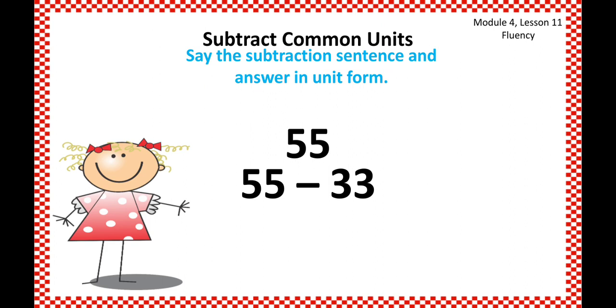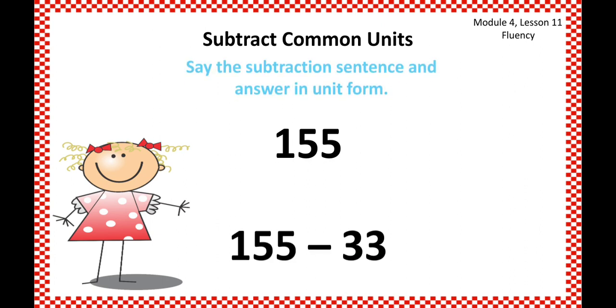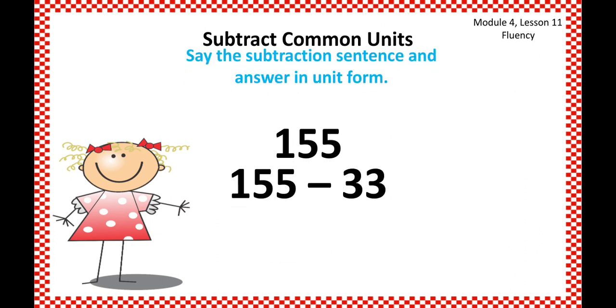That is 2 tens and 2 ones. 1 hundred, 5 tens, and 5 ones. So if you subtract these numbers, we have 122. Say it in unit form now. I believe you can do that.